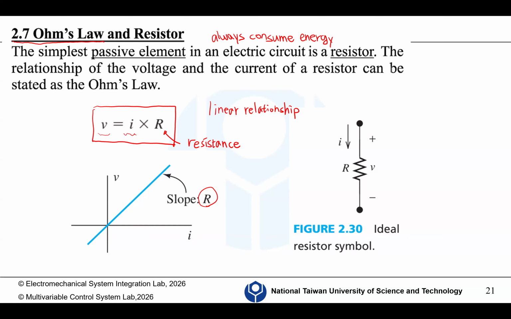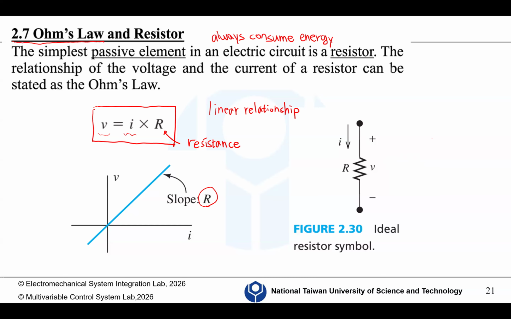You can draw a symbol like this. This is the symbol of a resistor, and the direction of the current is flowing into the resistor. Because it is a passive element, it always consumes energy.